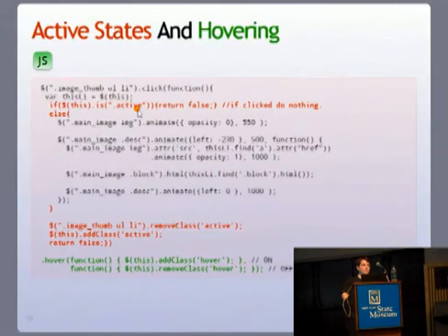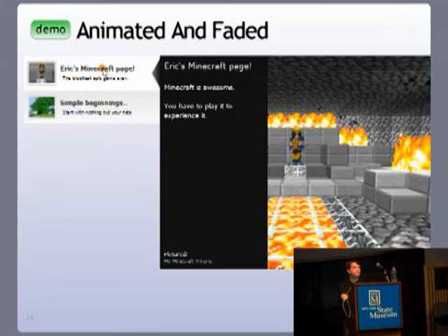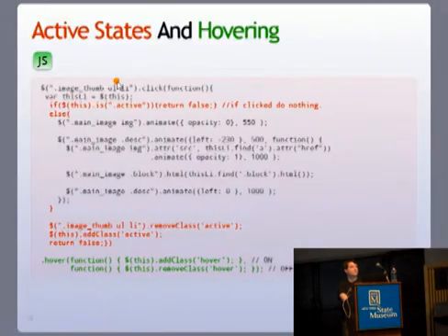So what we're going to do is check if this is active, because by default I'm going to give this LI a class of active. So when the page first loads, this is active. If you click on this, then I don't want you to do anything. I want you to return false.